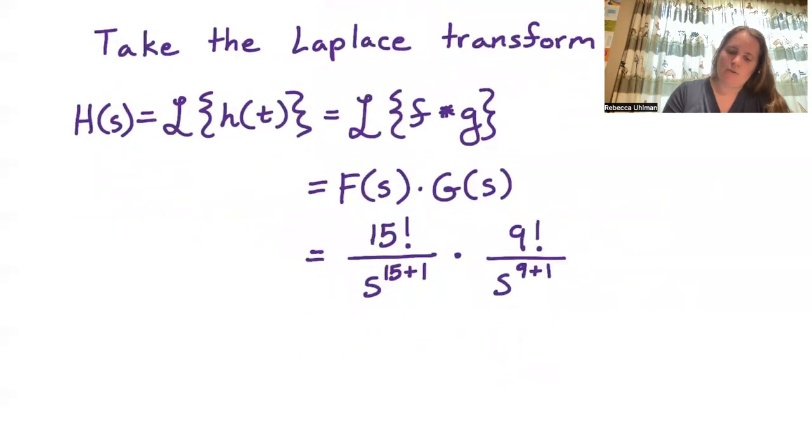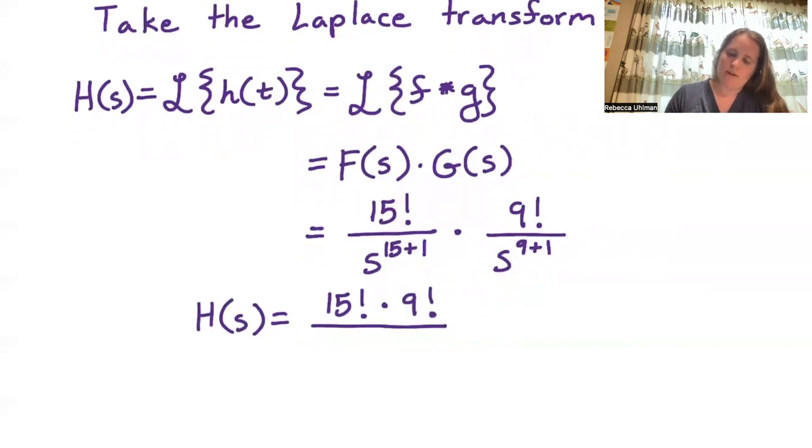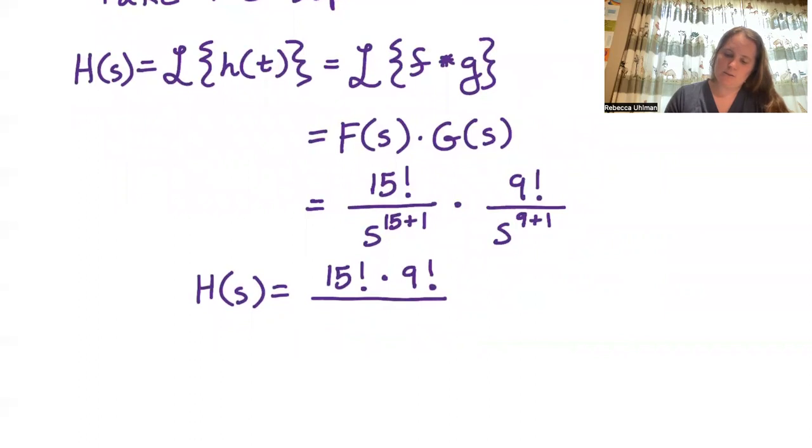So we are looking at H of s is equal to 15 factorial times 9 factorial all over s to the 16th times s to the 10th, which would be s to the 26th.